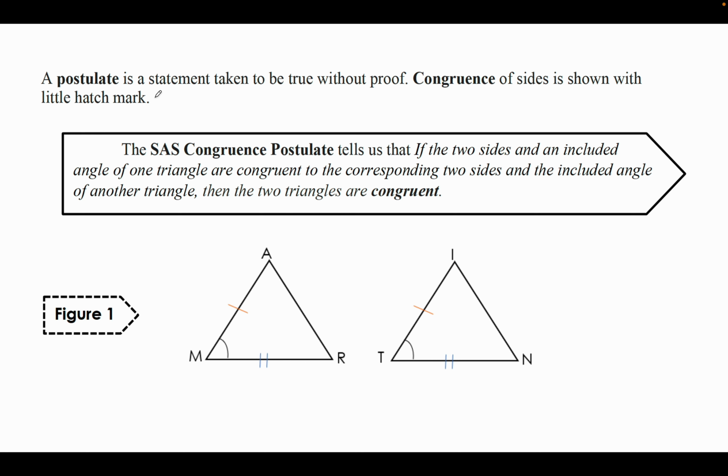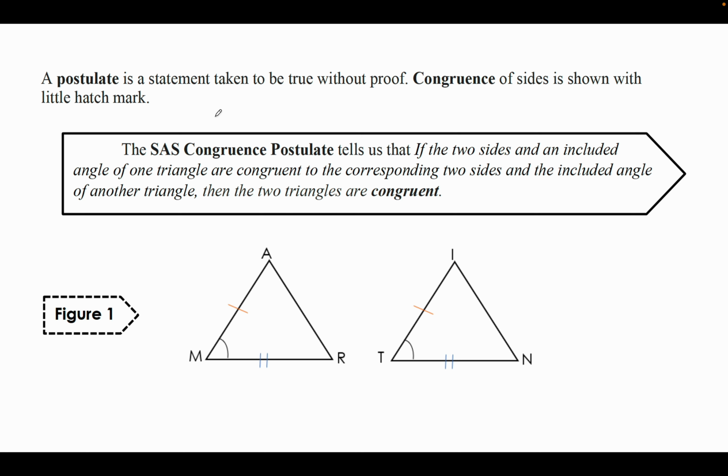For example, just like we discussed last time, we need at least 2 points to determine a line, right? So if we only have 1 point, we cannot draw a line. So we need at least 2 points. So that is a postulate. It is already an accepted statement or fact, and we need not prove it anymore. So that is what we meant by postulate. A statement taken to be true without proof.